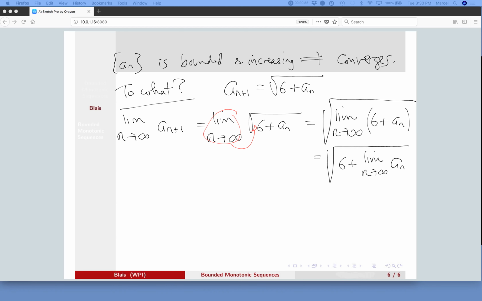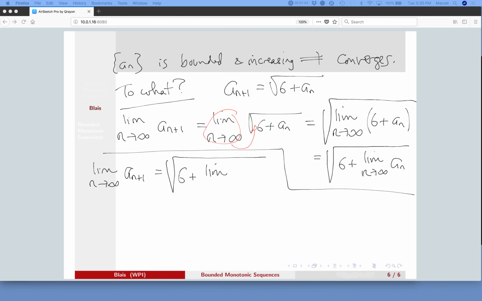So we look at that and think, okay, did we really accomplish anything? And the answer is yes, we did. And again, let's look at the expression on the left and the expression on the right. So we can rewrite that. We have the limit as n goes to infinity of a sub n plus 1 equals root 6 plus the limit as n goes to infinity of a sub n.